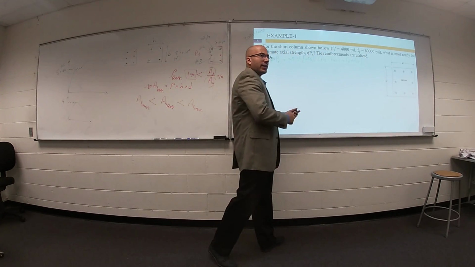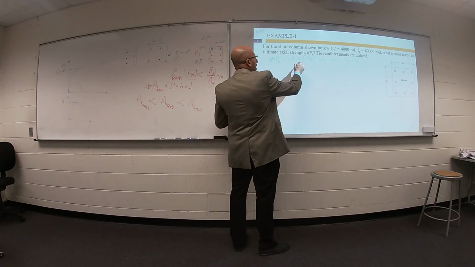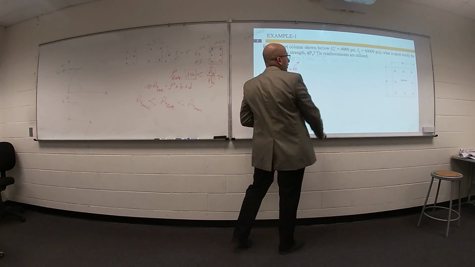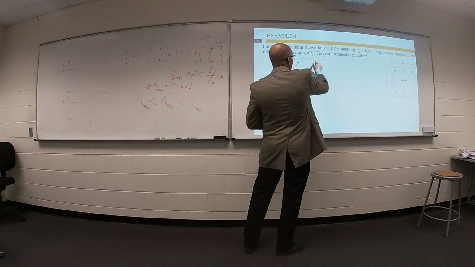That's right? Go ahead and put your numbers. Phi is 0.65 because your column is a tied column. f'c is 4,000.